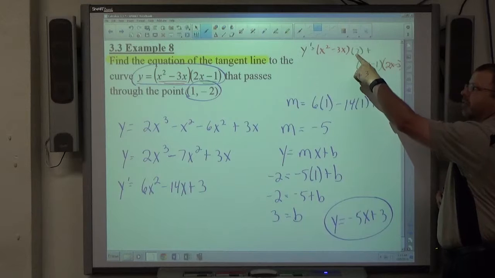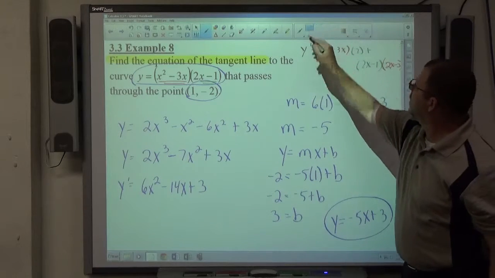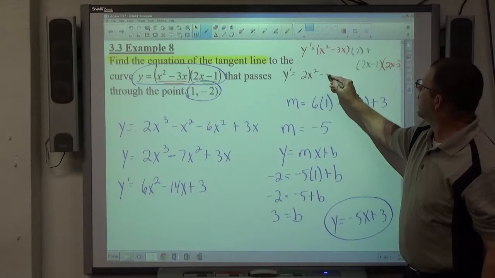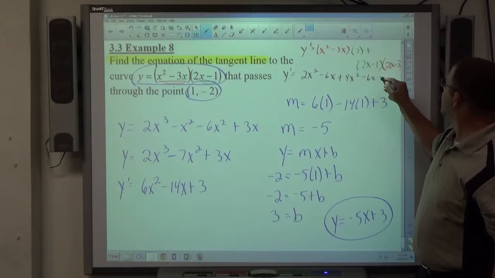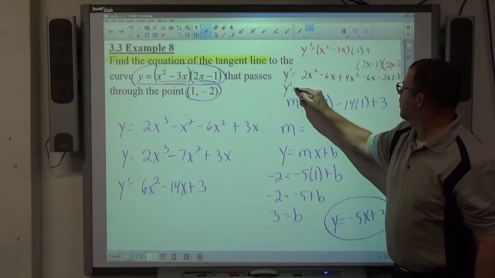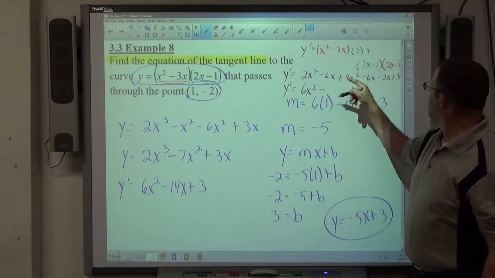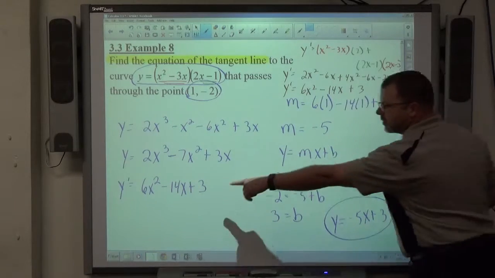Function 1 times derivative of function 2 plus function 2 times derivative of function 1. If I apply algebra after that, I'm going to get 2x squared minus 6x plus 4x squared minus 6x minus 2x plus 3. Which if I combine like terms gets me 6x squared minus 14x plus 3. Same derivative.